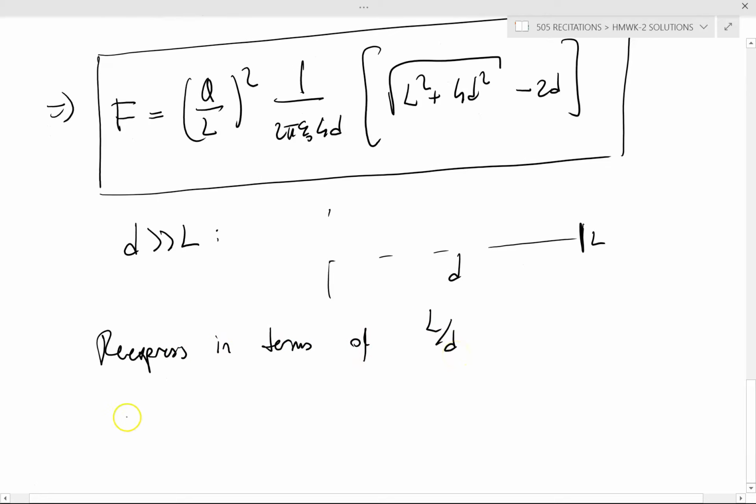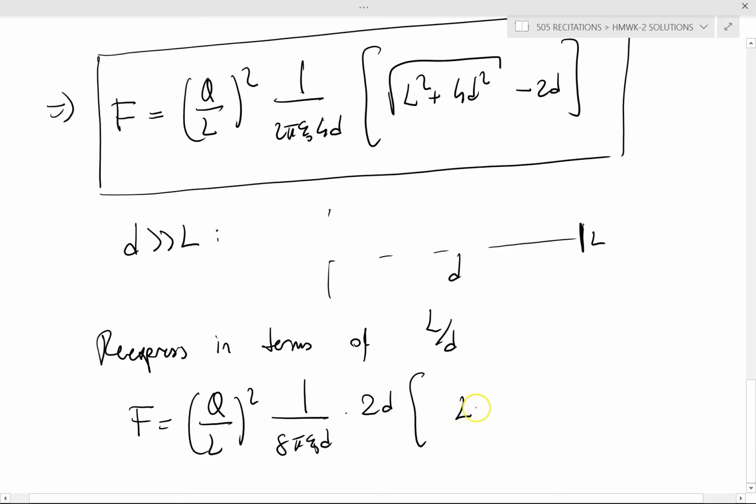To do this, F shall be equal to Q over L square, 1 over 8 pi E0 D in 2D parentheses, 2D over here, 1 plus L over 2D square minus 1.